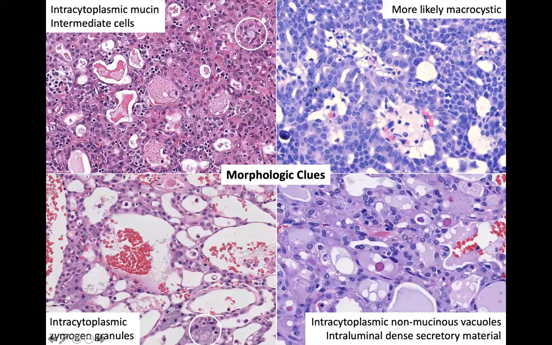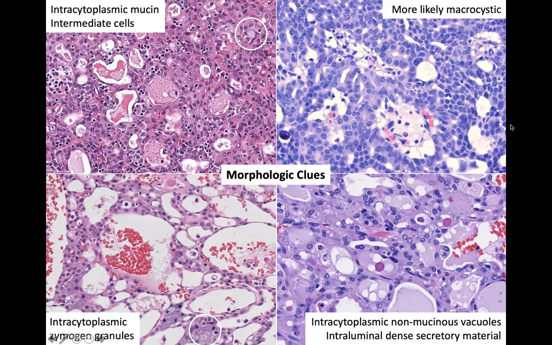The one on the top right is a little bit of a too high power view, because more often the tumors on the top right tend to be macrocystic as opposed to microcystic. And then on the bottom right, we have these secretions that range from being kind of milky or watery to being very dense and eosinophilic.